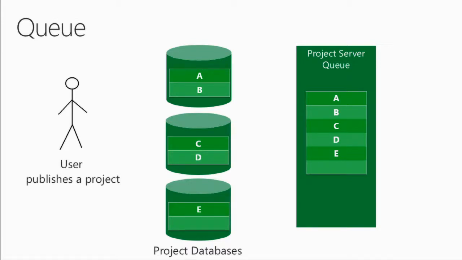The user comes in and says, publish my project. The queue's job is to take that job, unblock that user as quickly as possible, and persist that data quickly to the database. So if there's a failure, we have that data persisted, but not yet processed to do all the work needed for a full publish job.